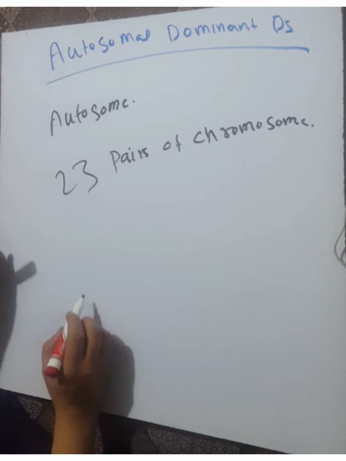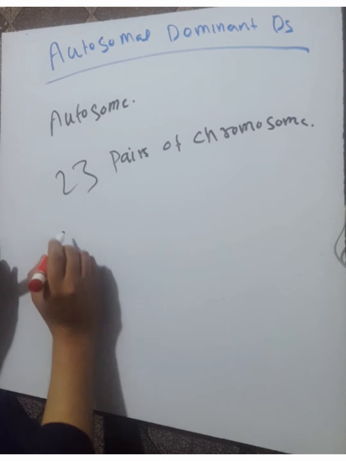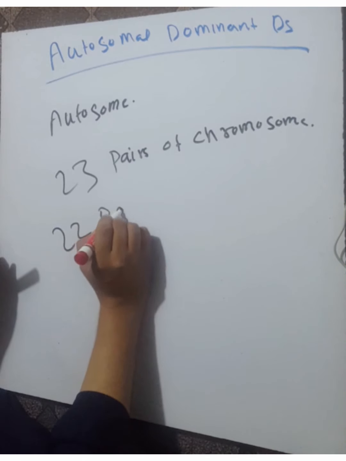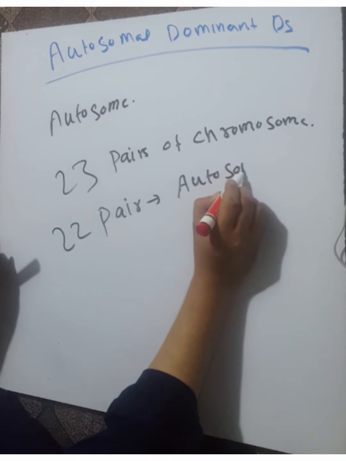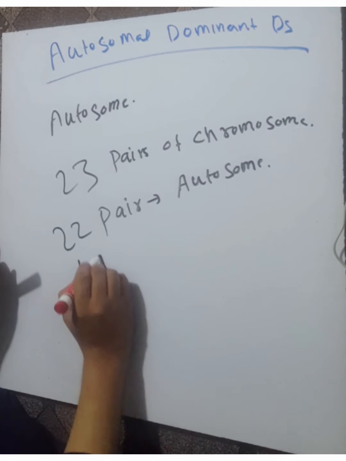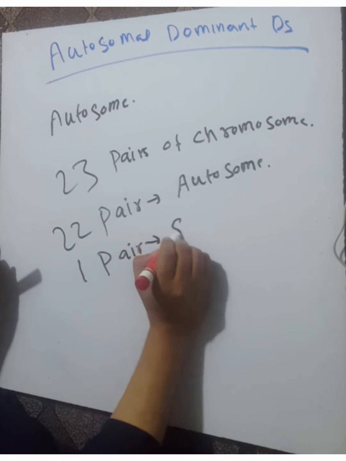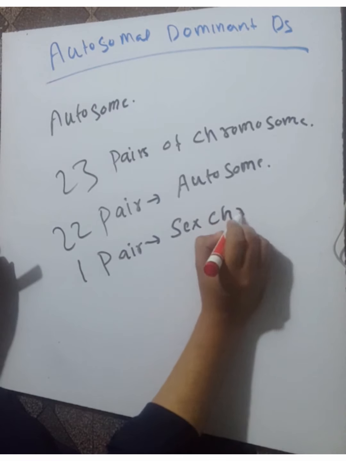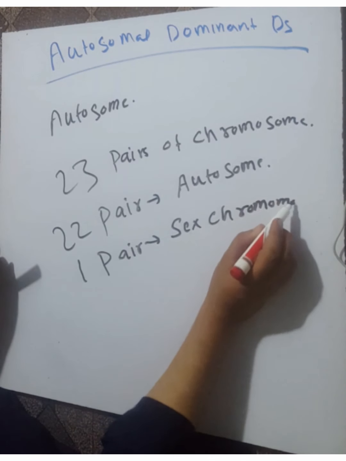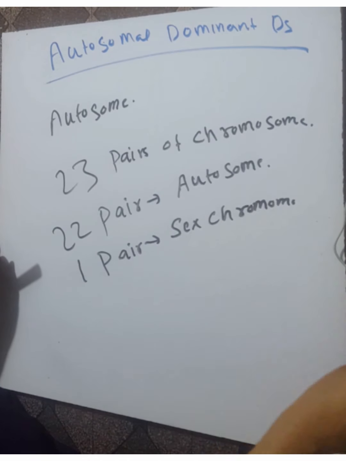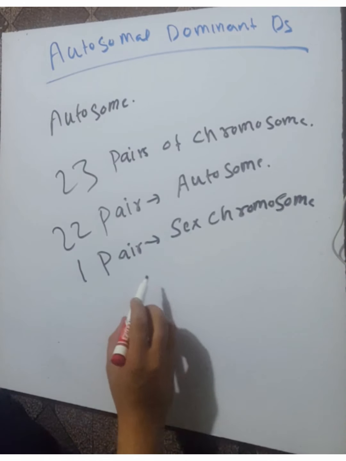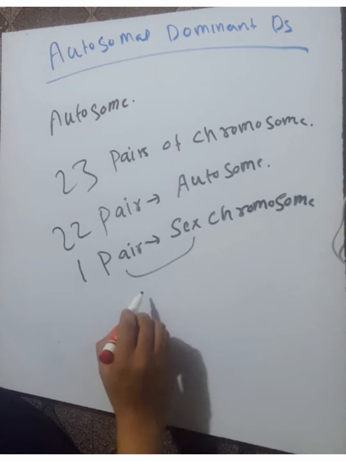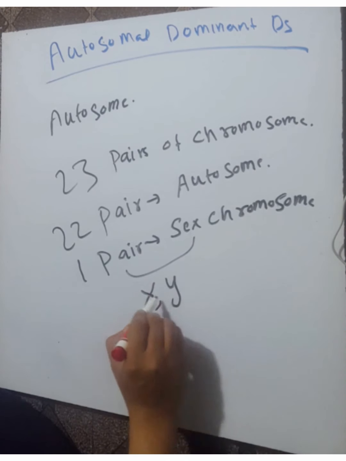Of these 23 pairs of chromosomes, 22 pairs are autosomes, and one pair is called the sex chromosomes. This one pair is called the X chromosome and the Y chromosome.